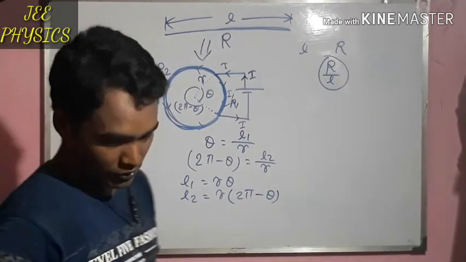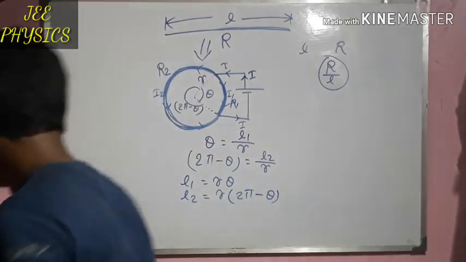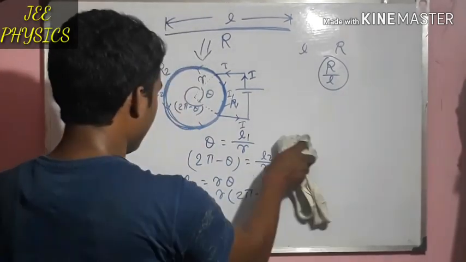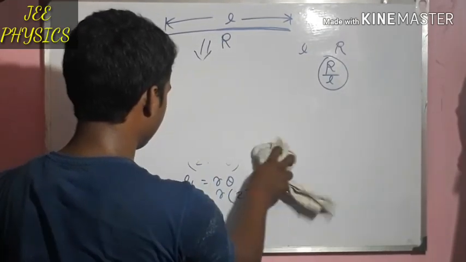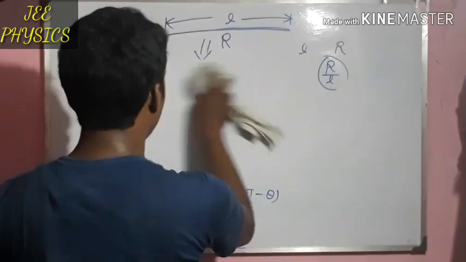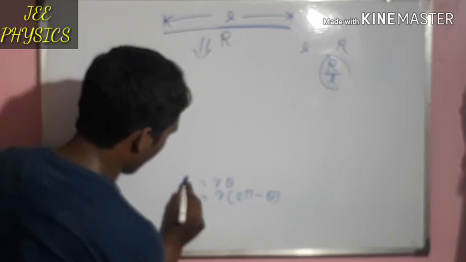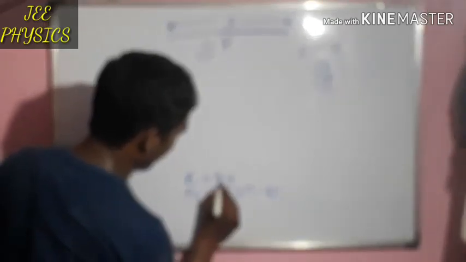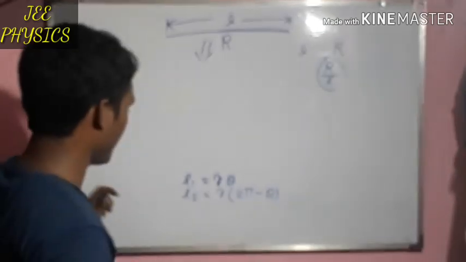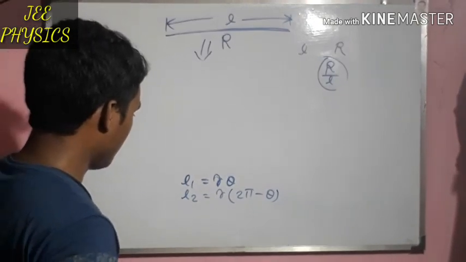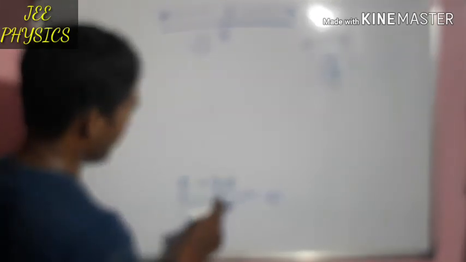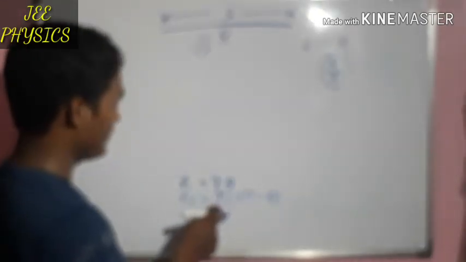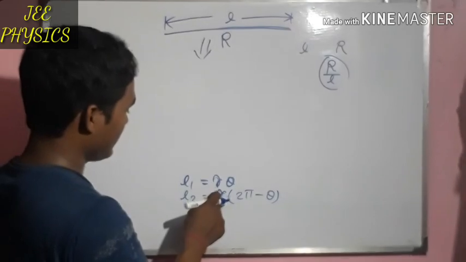Now the question of one student, that in the second step I divide L1 by L2. He is asking why I divide L1 by L2. First of all, we have the radius of the circle in the equation.